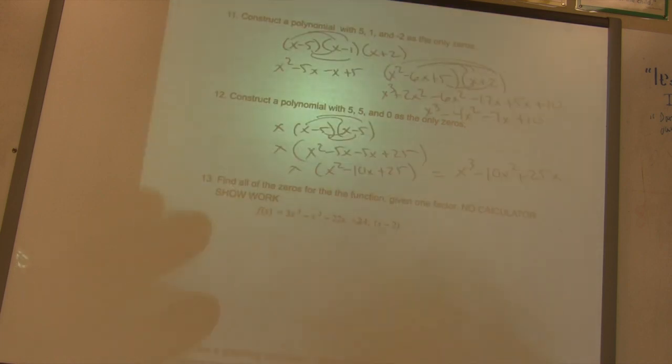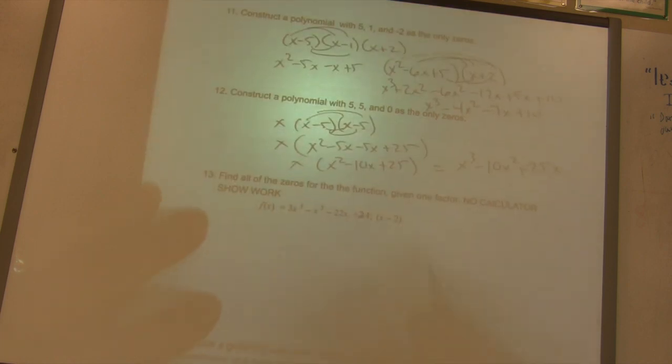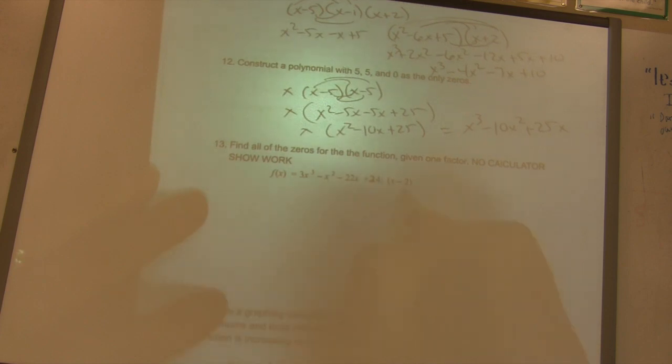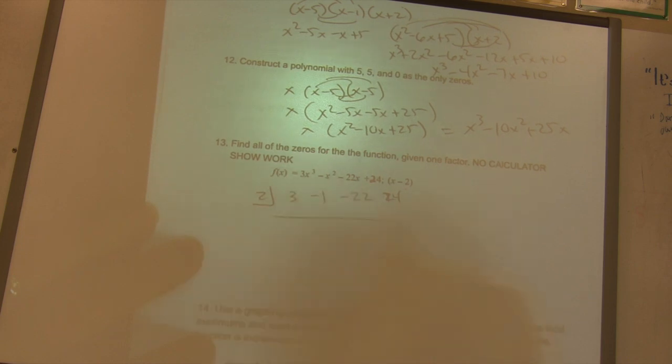13. We have to find all the zeros of the function. So they give us one. So remember, you use the opposite with the synthetic. Write the coefficients. Remember, if it skips a power, you always put a 0. So we get 3, 6, 5, 10, negative 12, negative 24.